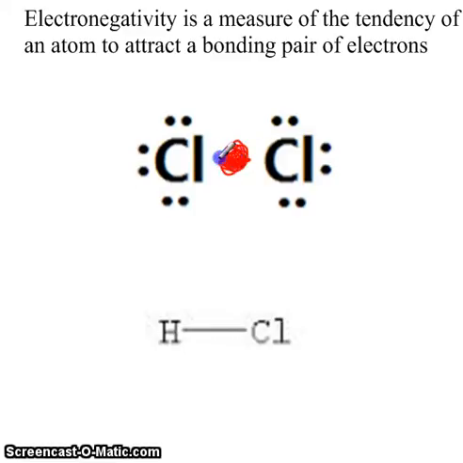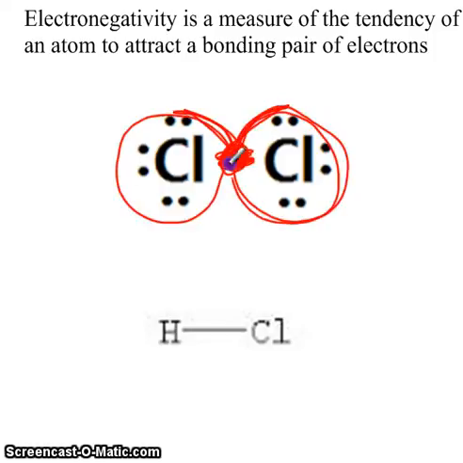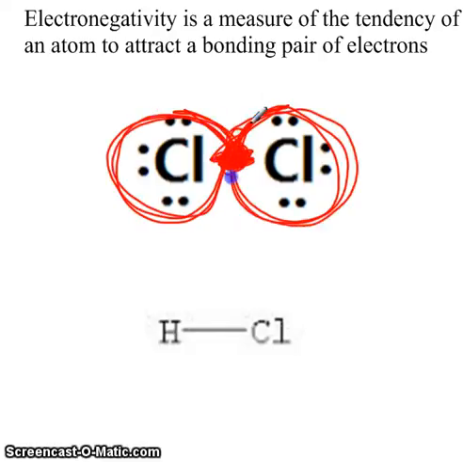They move in between the two atoms, but they also move around the atoms too. Now, the idea here is because these two atoms are the same, they really aren't attracting the electrons in that bond any differently.